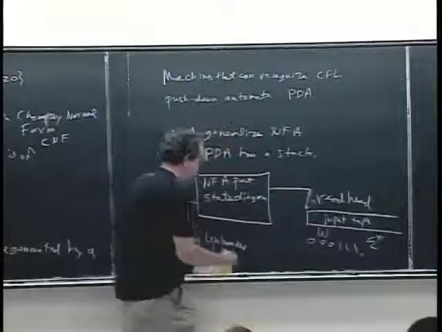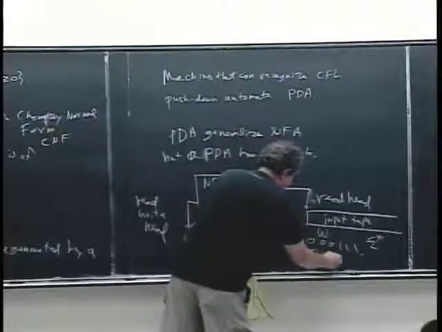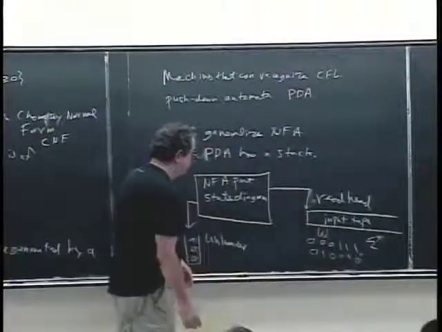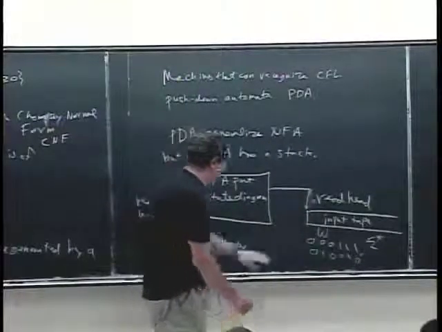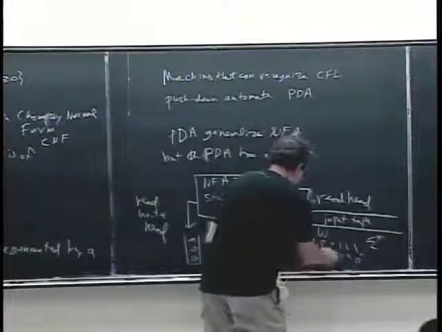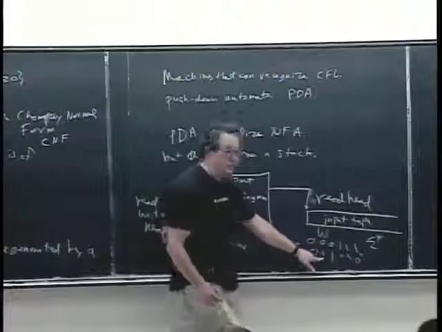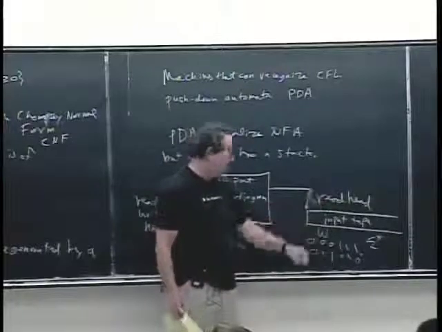Now, what would happen if you had something like that? Actually, let me just make it a little bit more like that. So you would stack a 0, and then you would see a 1, and you'd pop, and that would be fine.